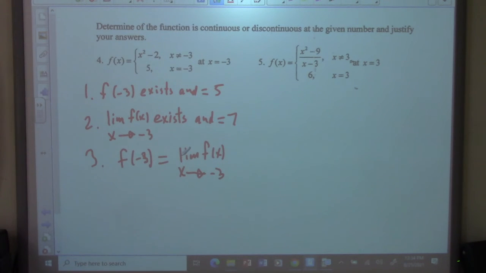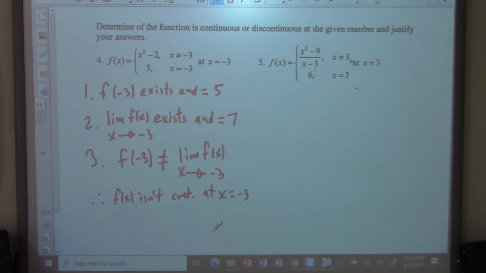If they're the same, you can just leave it like that. If it isn't, what can you do? Slash. So therefore, f of x isn't continuous at x equals -3.